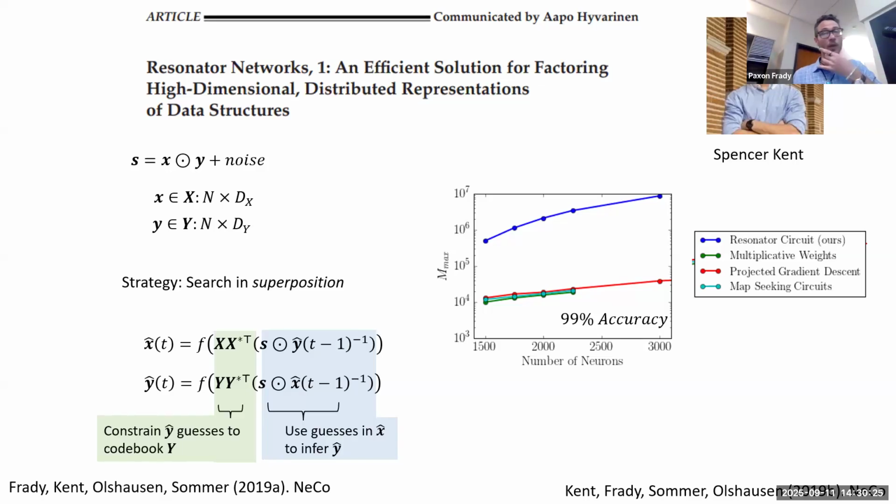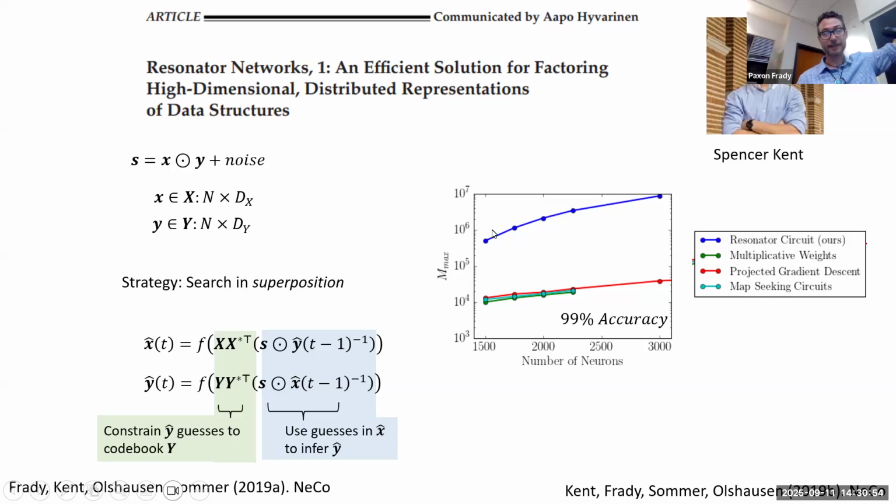Then we explored this kind of capacity. This has a limitation, essentially, but basically the resonator network will solve the problem every single time as long as the combinatorics is less than what we call the operational capacity. This M max is the operational capacity, how many combinations are in the problem.